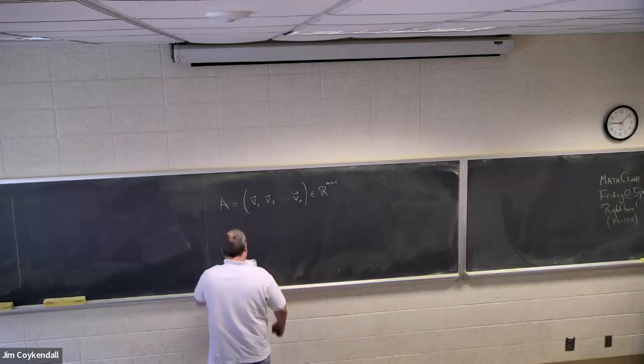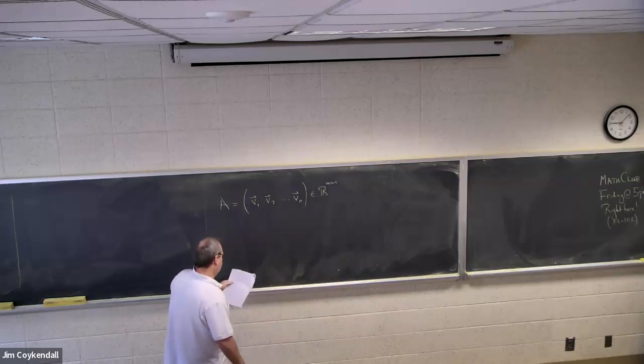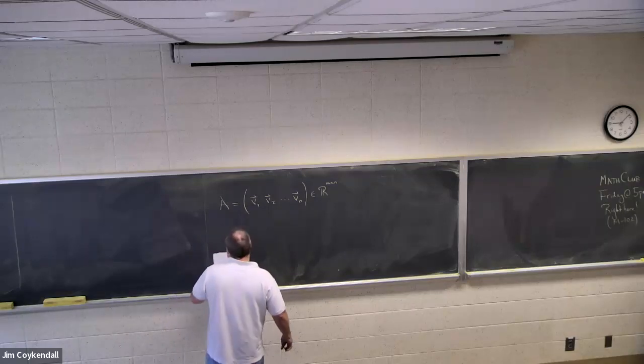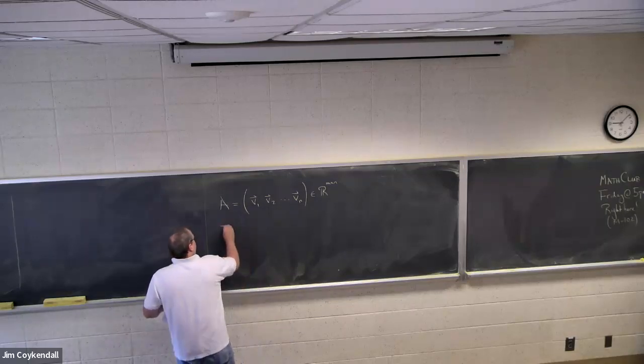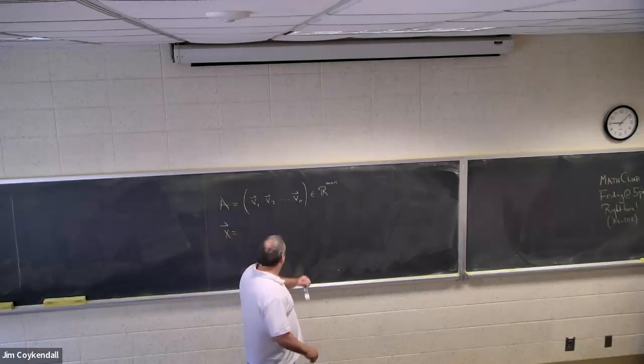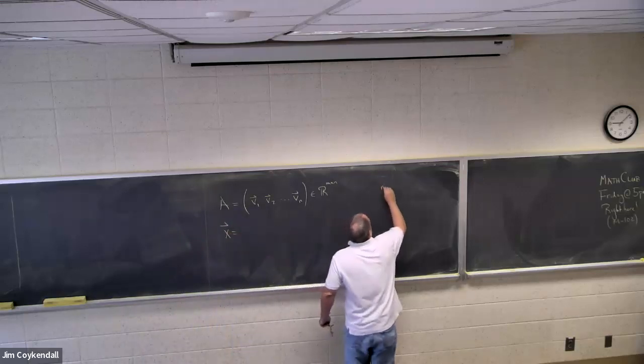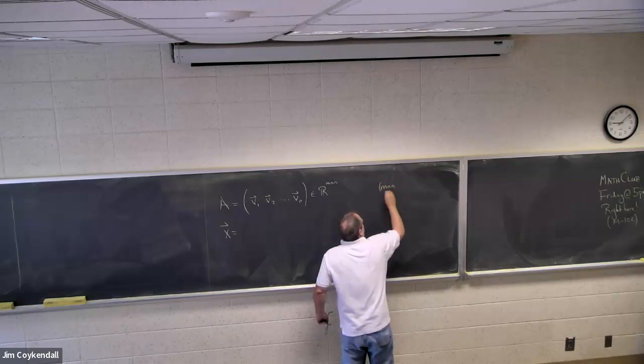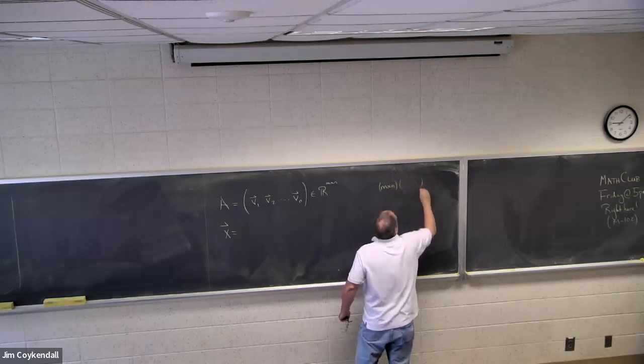And when we multiply this, and I told you all how to multiply matrices yesterday. Suppose I have x, by the way, this is an m by n matrix, and I want to multiply it by a vector.